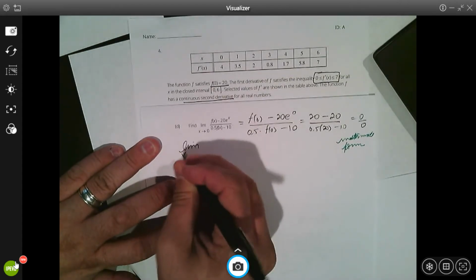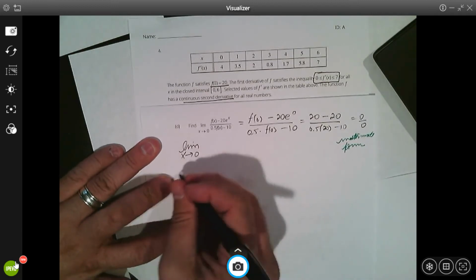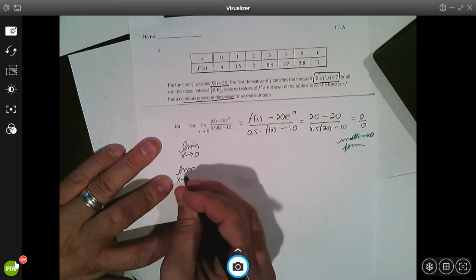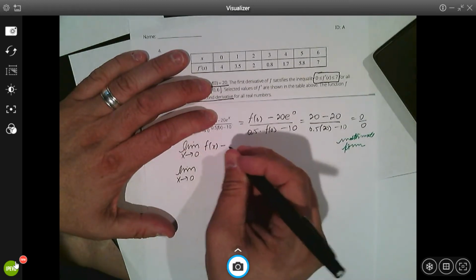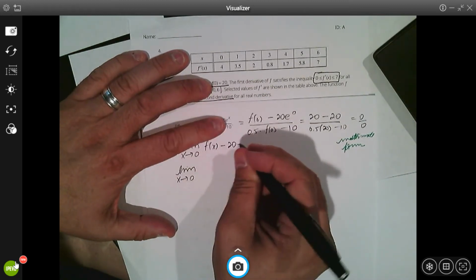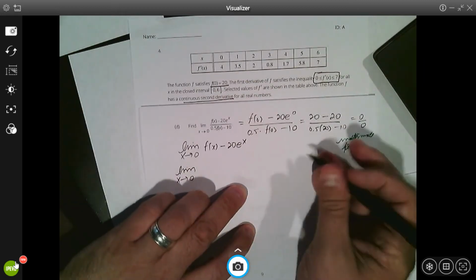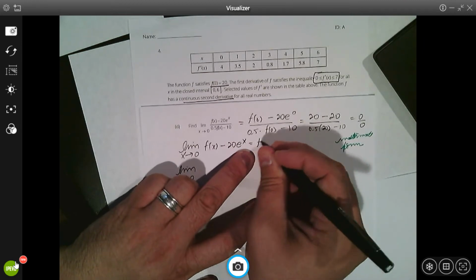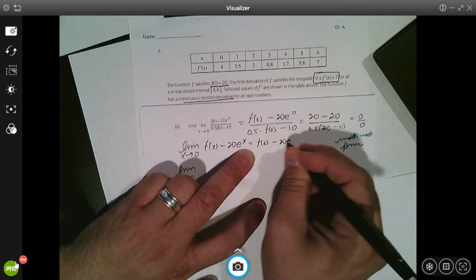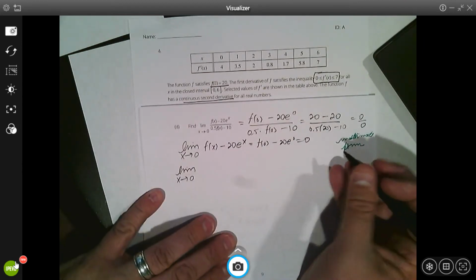You need to evaluate the limit of the numerator and the limit of the denominator separately. So you find the limit as x approaches 0 of f of x minus 20 e to the x. Now we've already done all that. That's going to be f of 0 minus 20 e to the 0, which is 0.